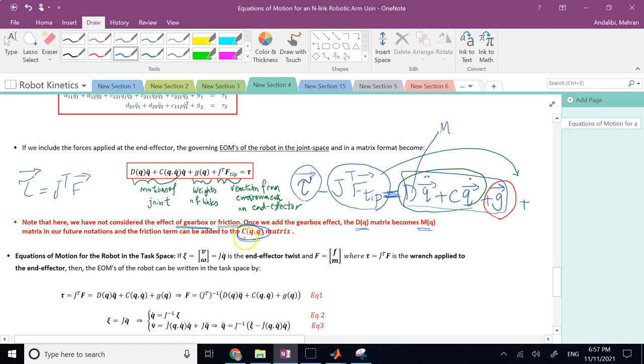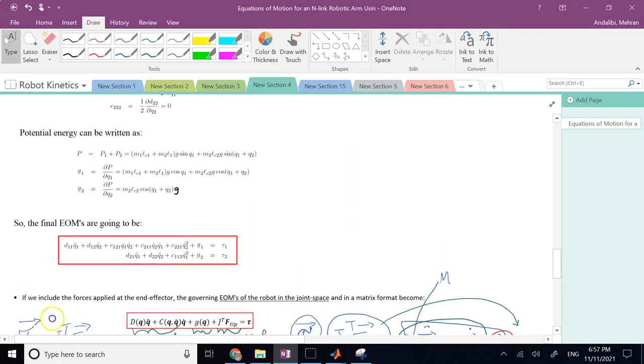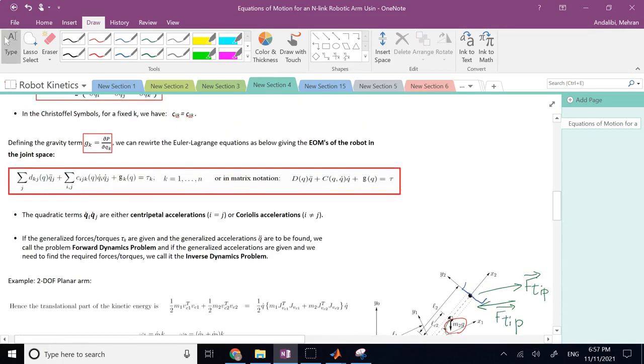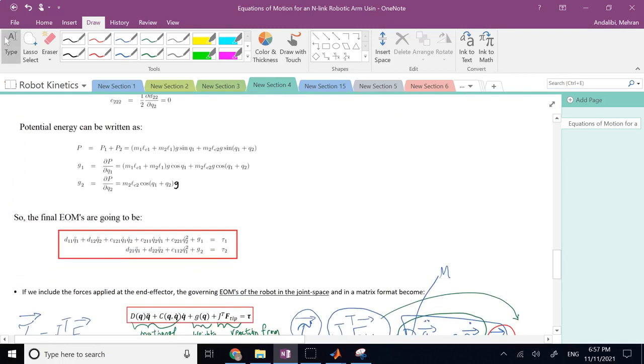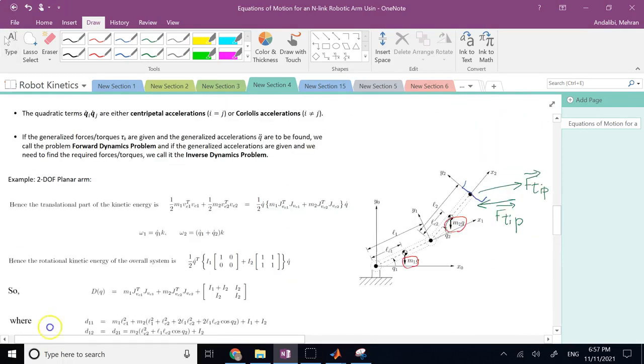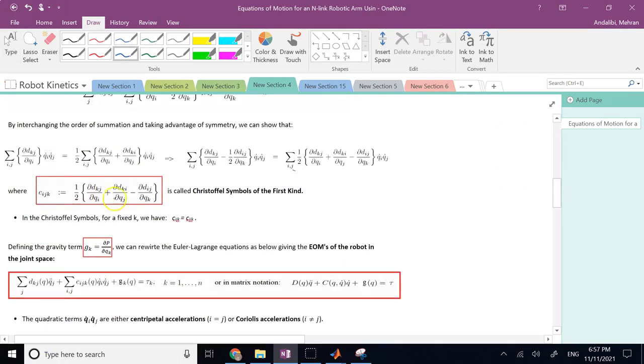So in the future, you might see my C matrix change a little bit from simply the partial derivatives of the D components with respect to the q variables, which give those Christoffel symbols. All you get right now are the Christoffel symbols, which, as we discussed, are the terms due to centripetal acceleration and Coriolis acceleration. That's all we have right now.